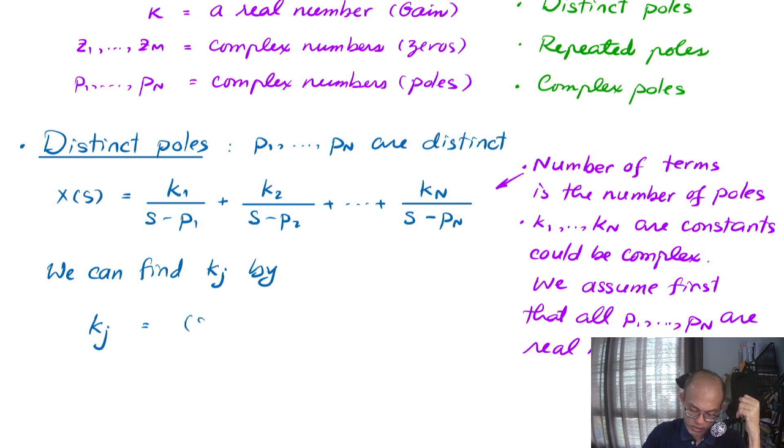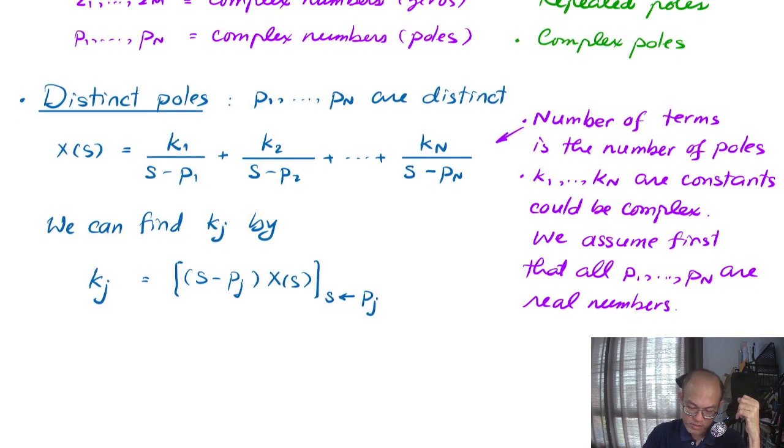Kj equals (s minus pj) times X(s), and then after you multiply X(s) with (s minus pj), you substitute s with pj. Okay, so this is the formula to use when all the poles are distinct. And this is the easiest case.